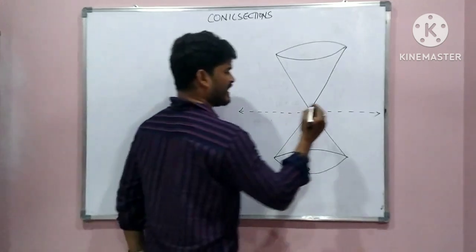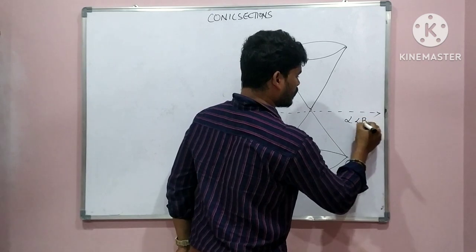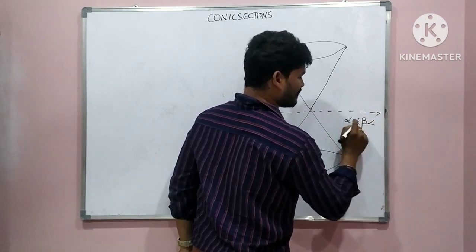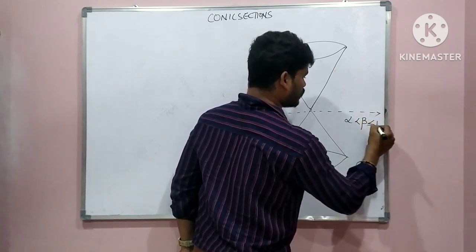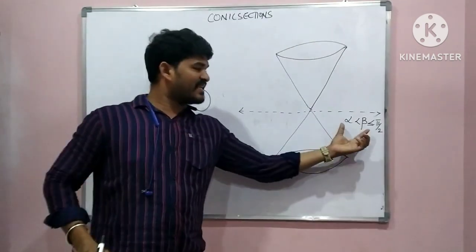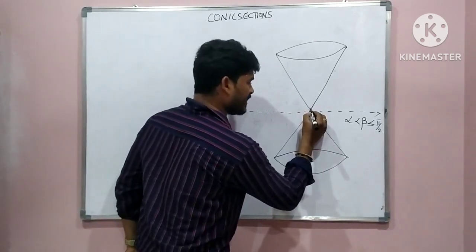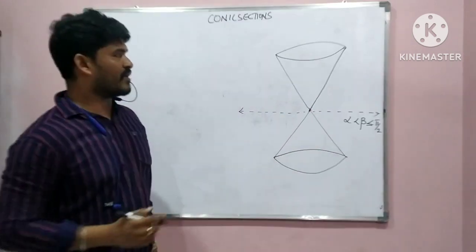Here the angle alpha is less than beta, and beta is less than or equal to pi by 2. When the plane cuts the cone at this angle, we get a point.